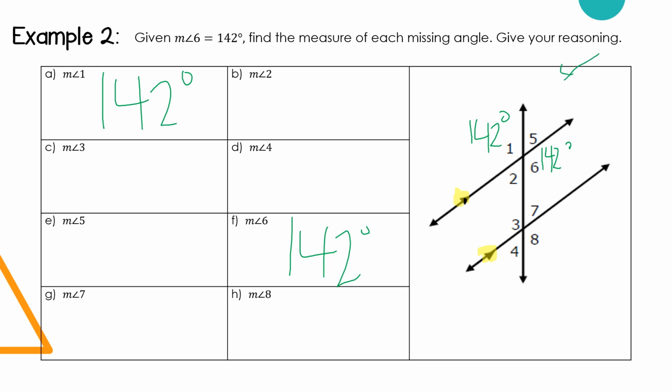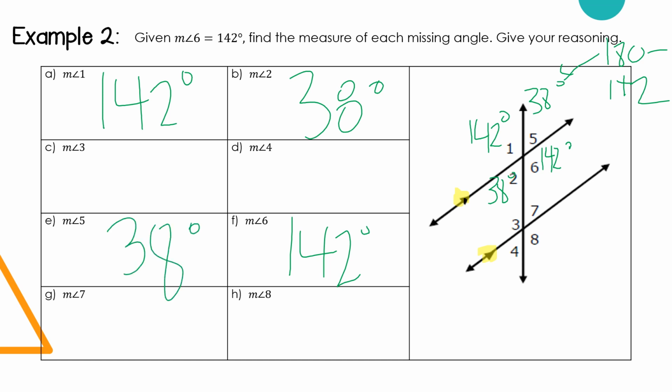So to find angle 5, I'm going to do 180 minus 142. And that will give me both angle 5 and angle 2 measures. Since they're vertical angles, they're also going to be congruent, and that's going to be 38 degrees. So 2 and 5.